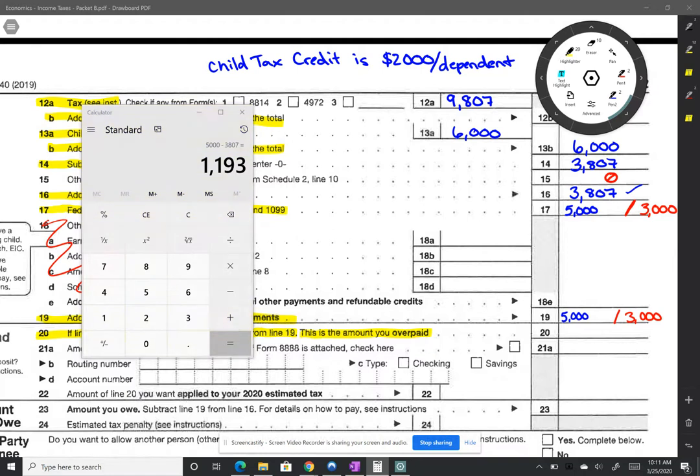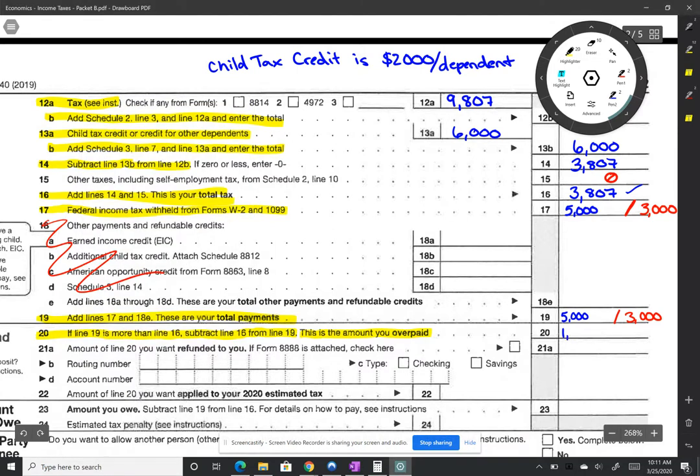So that is $1,193. That will be a refund. You don't have to put refund there. I'm just putting that there. So they're going to get $1,193, a check for $1,100, almost $1,200 back.